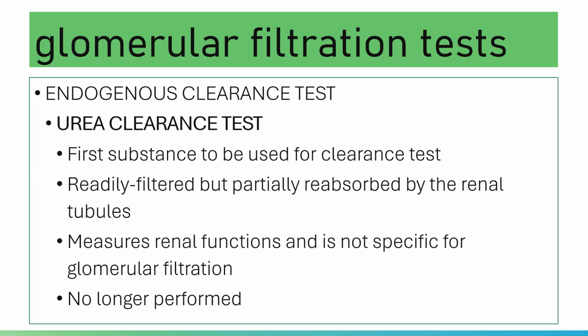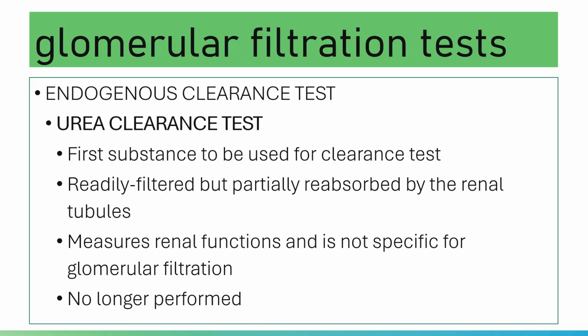Your endogenous clearance test, please note that under this, we will take a look at your urea clearance test, creatinine, cystatin C, and beta 2 microglobulin. Okay, your urea is actually the first substance to be utilized for clearance test.